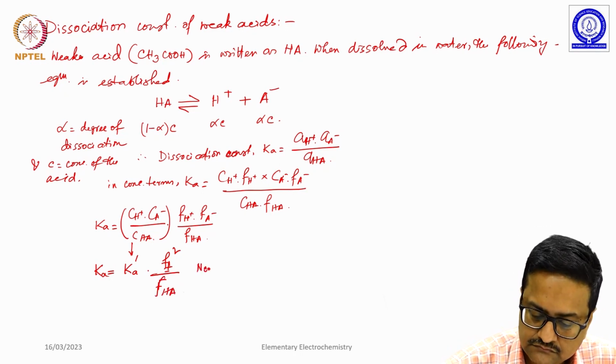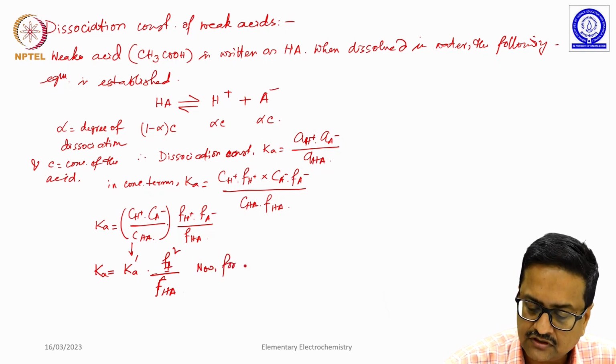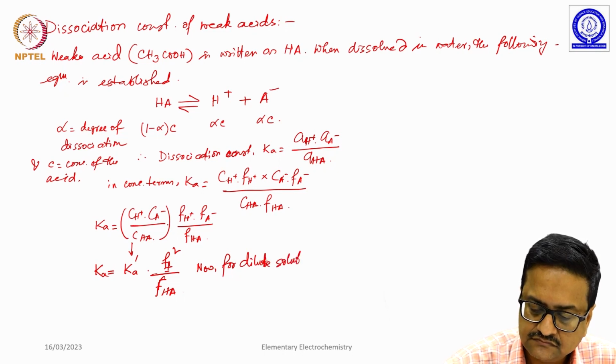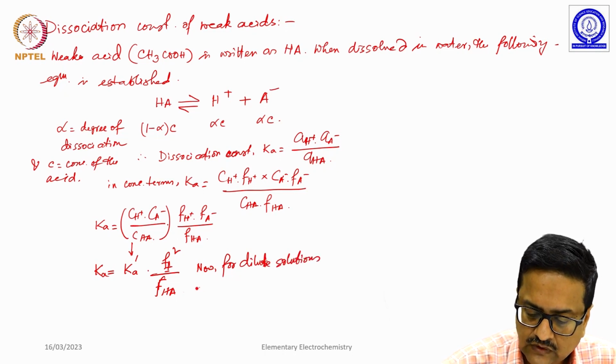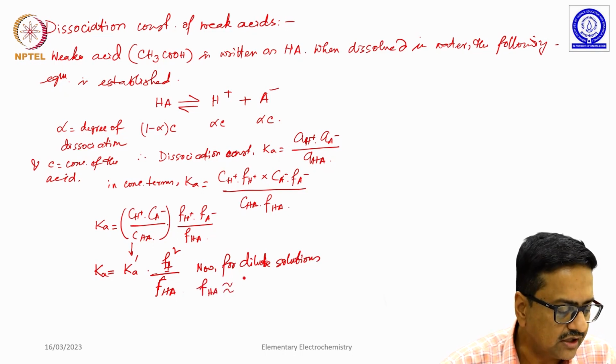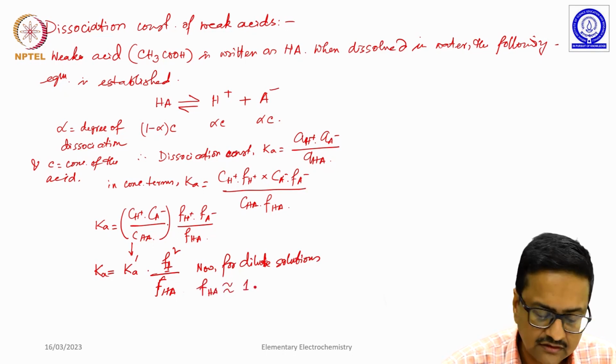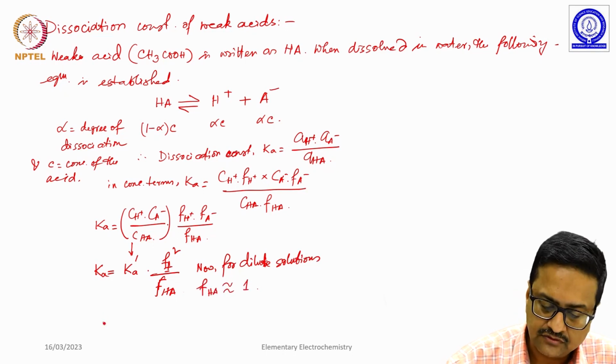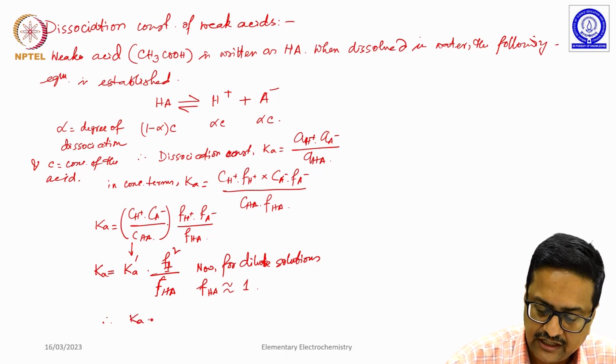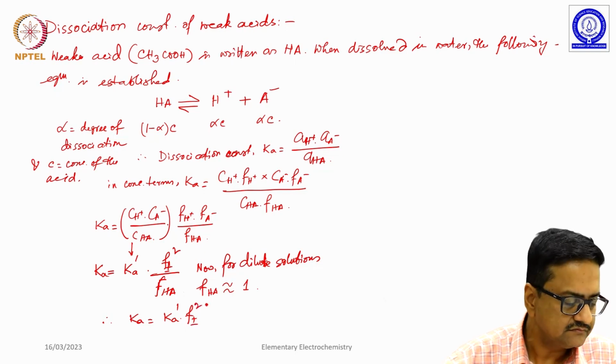Now, for dilute solutions, if FHA can be assumed to be equal to 1, therefore Ka can be written as Ka prime into F plus minus square.